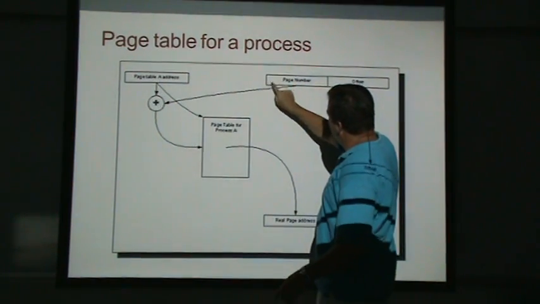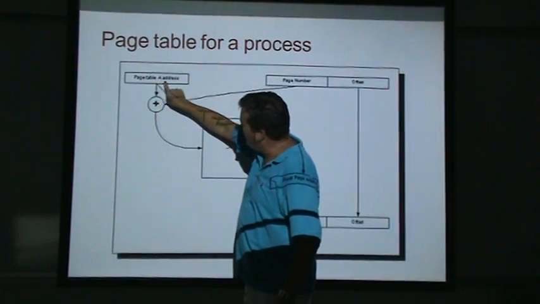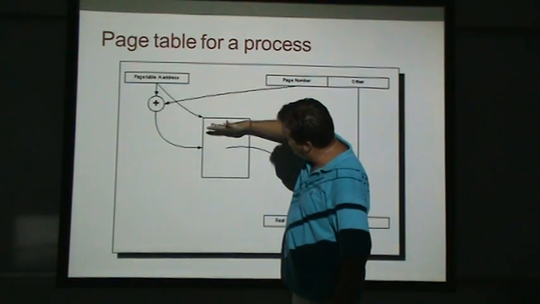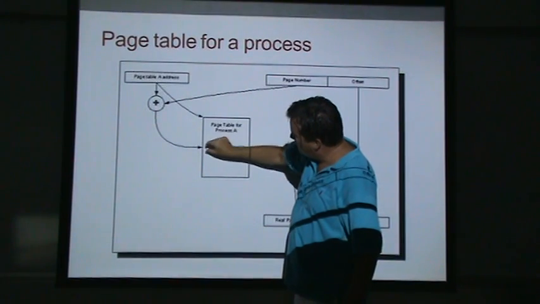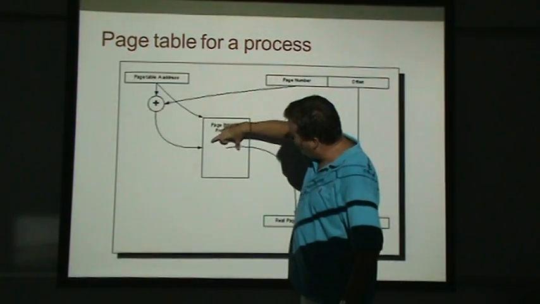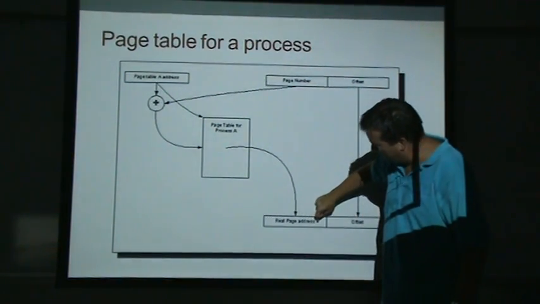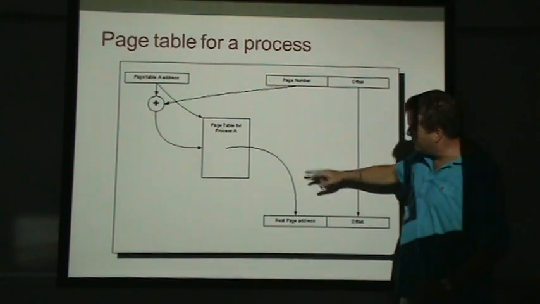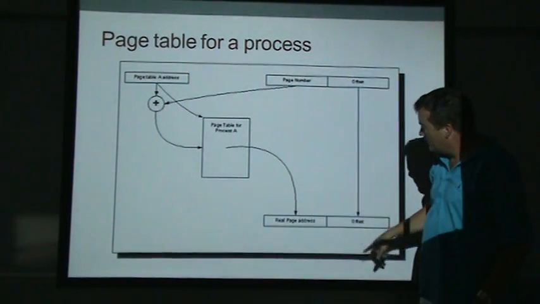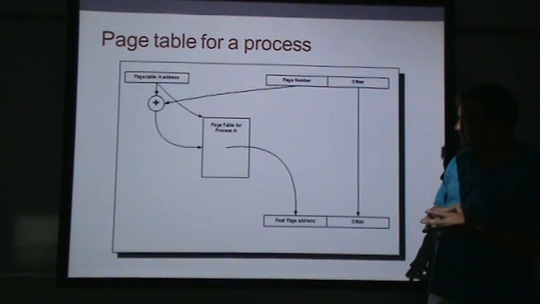We take page 3 and pass that into the beginning of our address table, which tells us that here would be page 0, 1, 2, and 3. So here would be the address to page 3, where page 3 is. And that will tell us where it starts, so that gets to be the high-end bits of the real address, which would end up being like taking that manuscript thing and getting to page 19. And then how far into the page we go, we just copy those bits directly down.